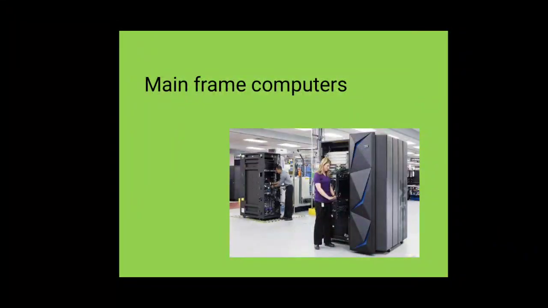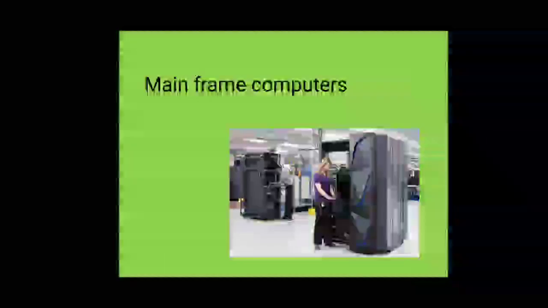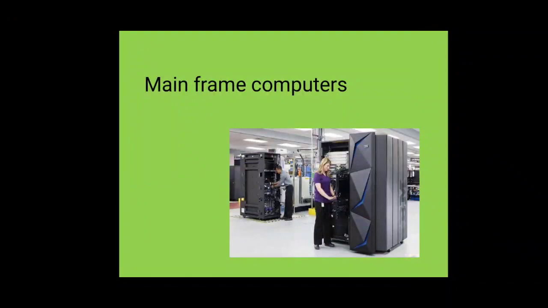By size it is large, very powerful and also expensive. It is a multi-user system: many users can use the system at the same time. That is a speciality of the mainframe computer.